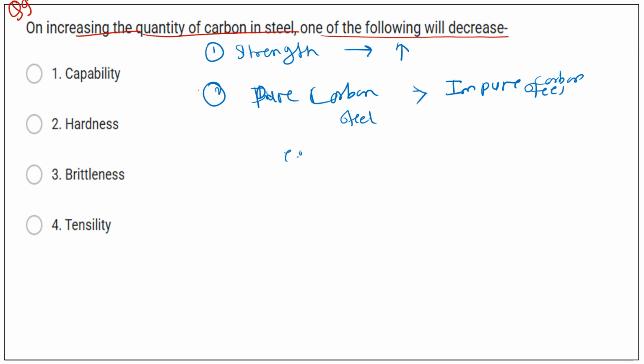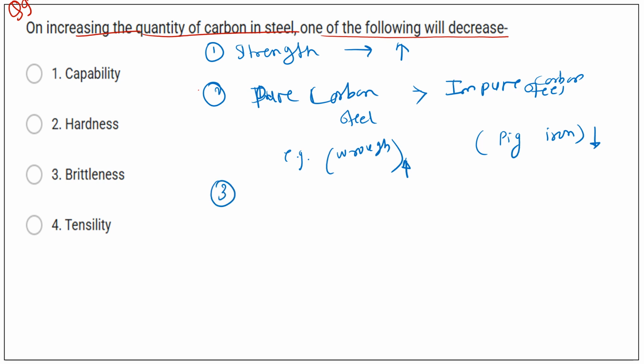For example, wrought iron has less carbon content, so it is considered pure steel, but pig iron has a high carbon content, so it is considered impure carbon steel.